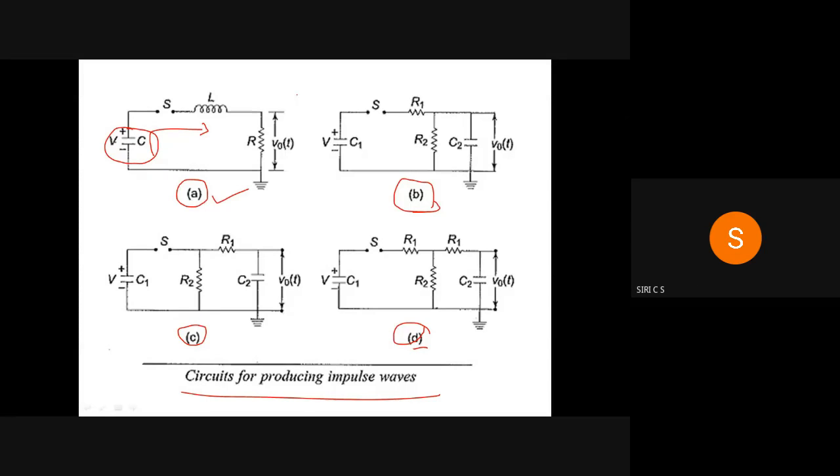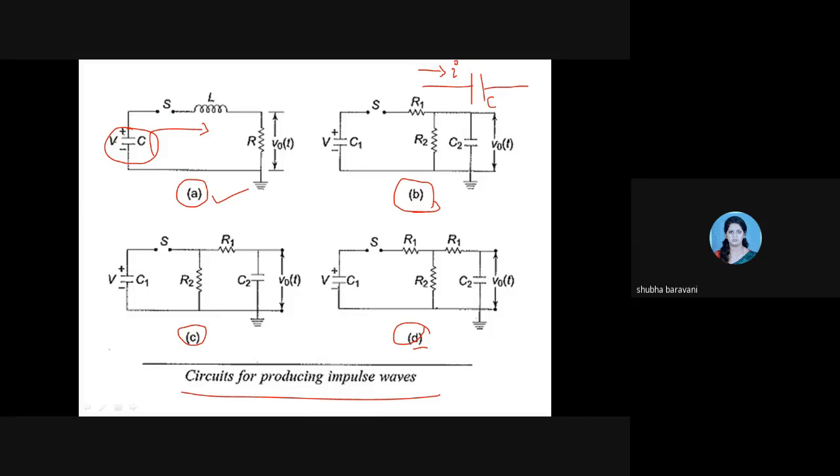V naught, ma'am. In terms of capacitance and current, if you have a capacitor of capacitance C and current I is flowing through this, how do you give the voltage drop across this? XC by omega.